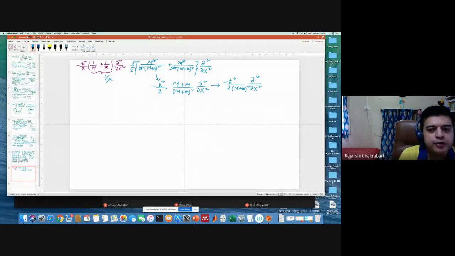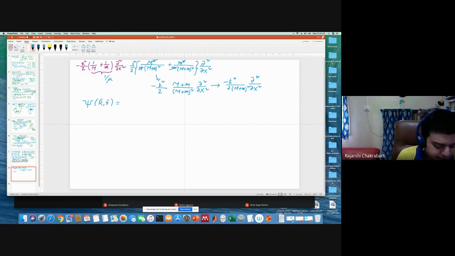And now what I'm going to do is this: what about the total wave function, or any wave function itself, which is a function of your center of mass coordinate and the relative coordinate?